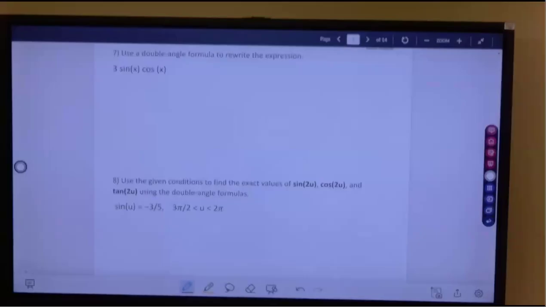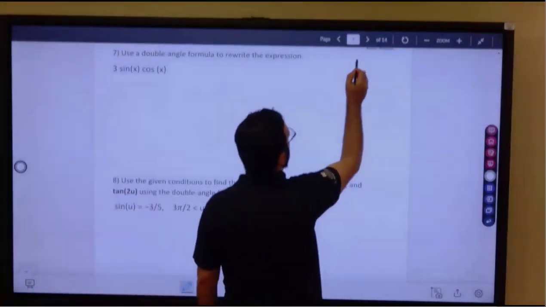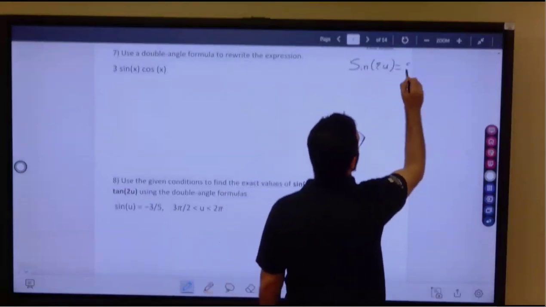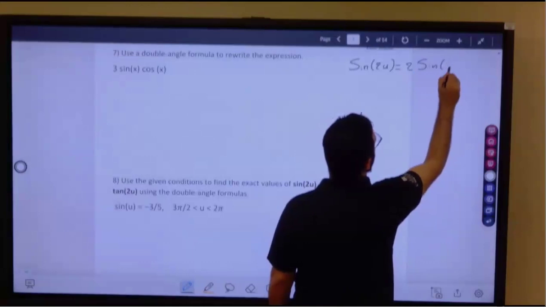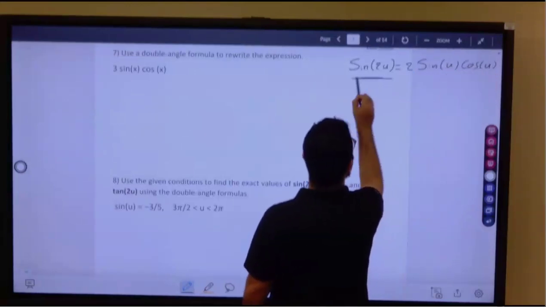Example 7, we need to use the double angle formula. Think about that. The double angle formula says sine 2u is going to be 2 sine u cosine u. I need to get back this part.